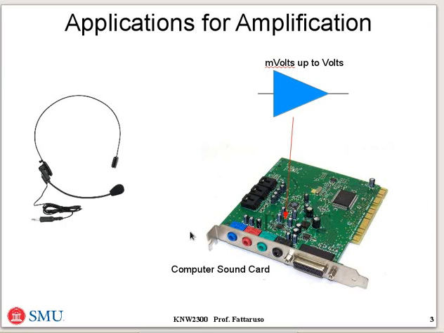Whereas in the computer sound card, when you plug this microphone into the microphone input jack here, this sound card has an analog to digital converter arranged so that the computer can read the audio stream, but that converter is expecting amplitudes of about a volt. So the sound card has to have an amplifier device to increase the level of the microphone signal up to where the A to D converter requires.